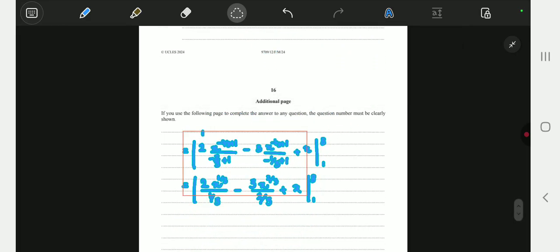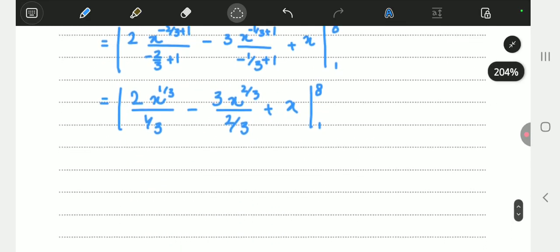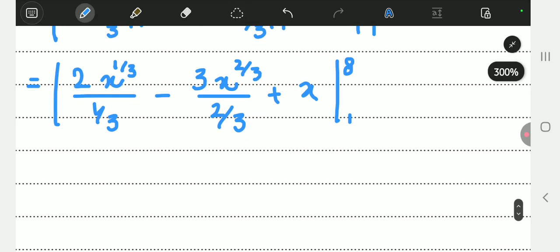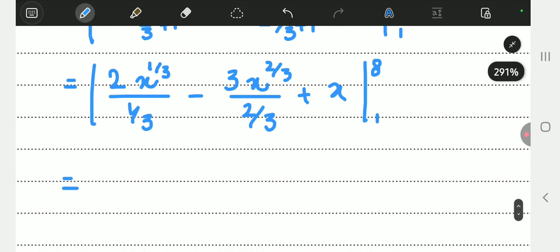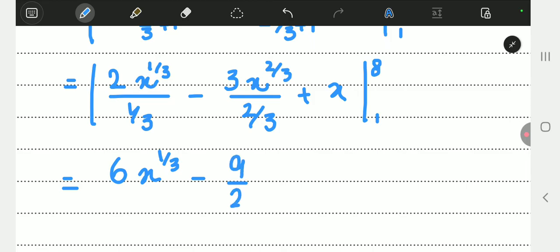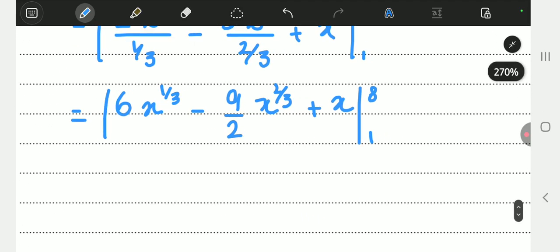Now simplify it a little further and then put the values. 6x to the power 1/3 minus 9/2 x to the power 2/3 plus x, limits 1 to 8.